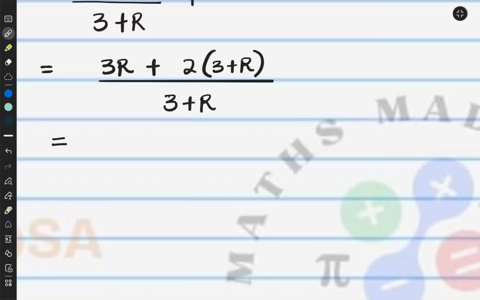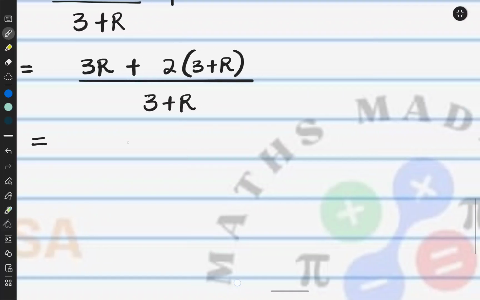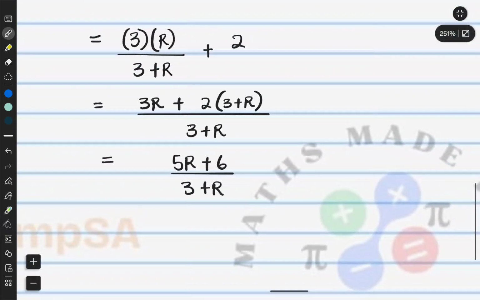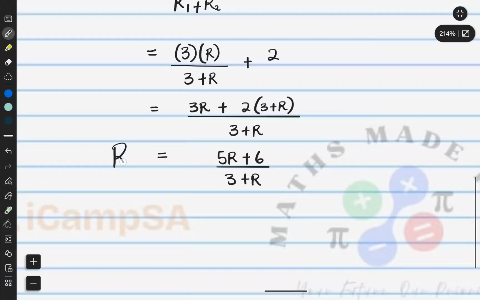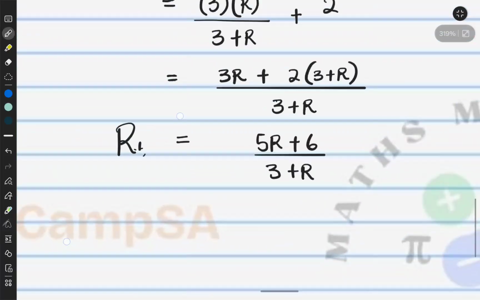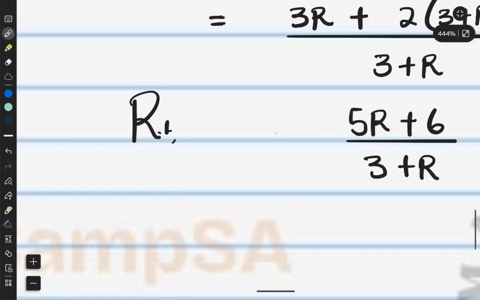So now this means you would get 3R plus 2R, that's 5R, plus 6, all this divided by 3 plus R. Now this is an expression for the total resistance. Okay, that's my R tot. That tot means total resistance.